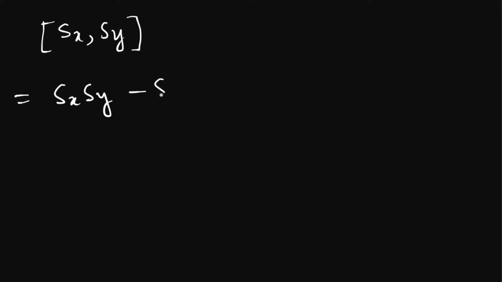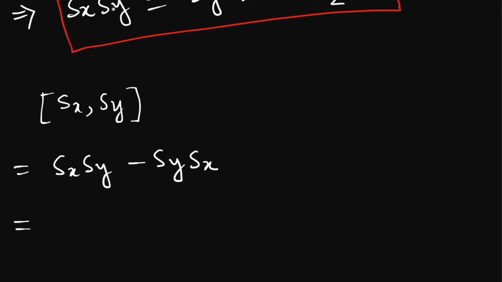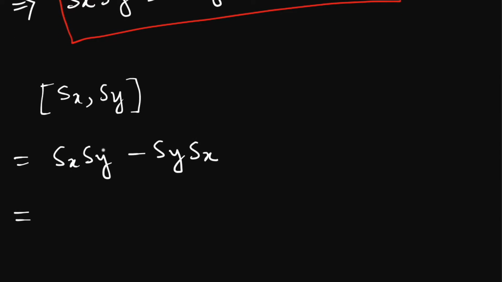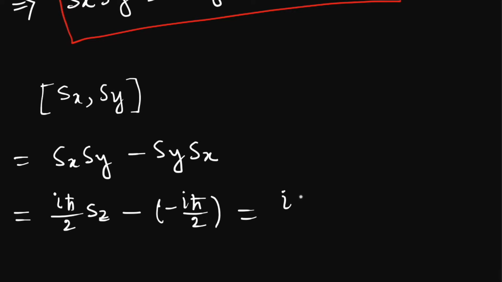So the value of [Sx, Sy] is nothing but Sx Sy minus Sy Sx, which is, as we calculated previously, Sx Sy equal to iħ/2 Sz, and the value of Sy Sx equal to minus iħ/2 Sz. That means iħ Sz.